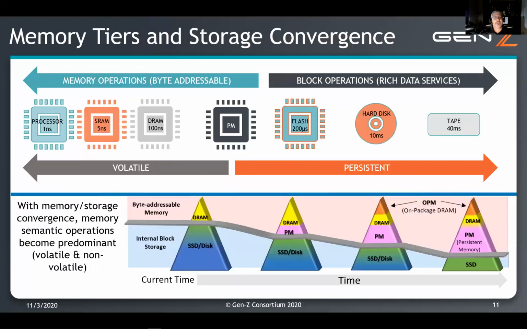And then finally, the memory tiers. If you look at what we're doing today, we've got DRAM and then maybe some little quick cache off to the side, and then we go right out to storage. What we think we're going to see in the future is that the fastest memory is going to be on-package memory. It has about the same latency as directly attached DRAM, but much, much higher bandwidth, so we're going to take advantage of that.